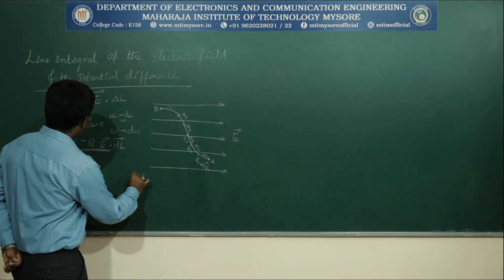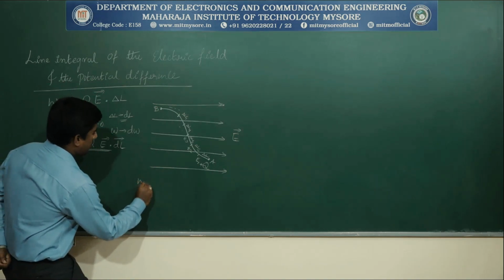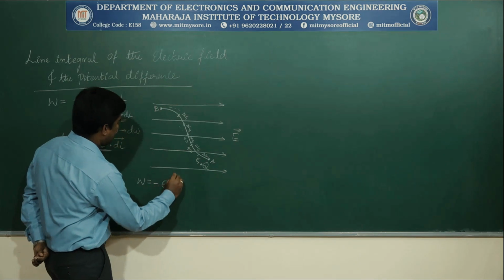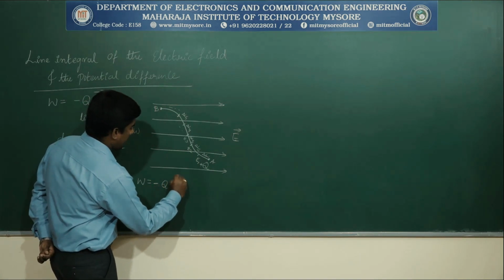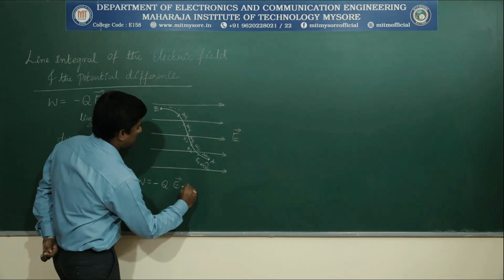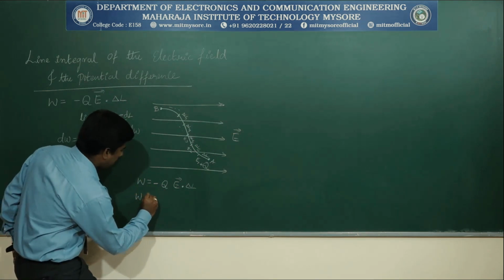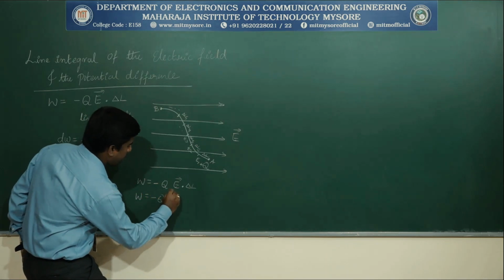Now let me write the equation for W. W is equal to minus Q times E dot delta L, right? Now W can be rewritten in this form.